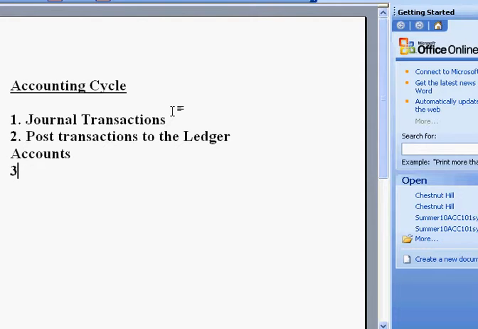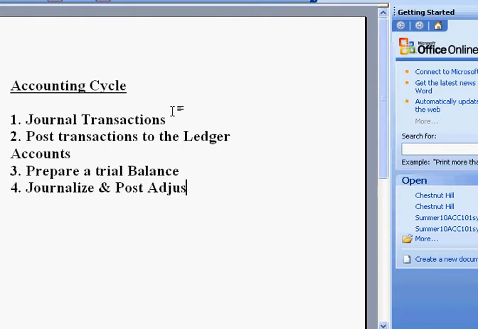Okay, step number 3 in the accounting cycle is to prepare a trial balance. Step number 4 would be to journalize and post adjusting entries.